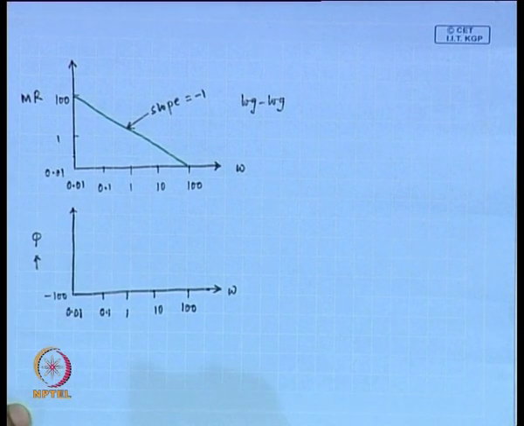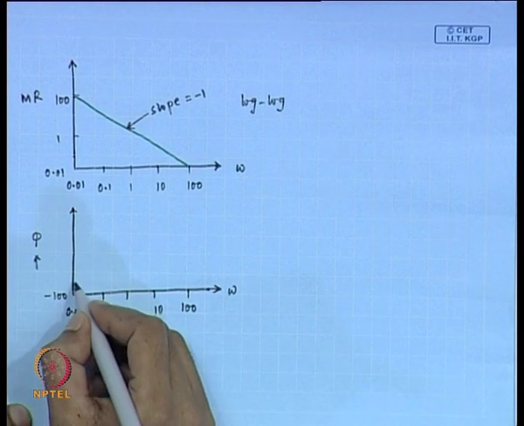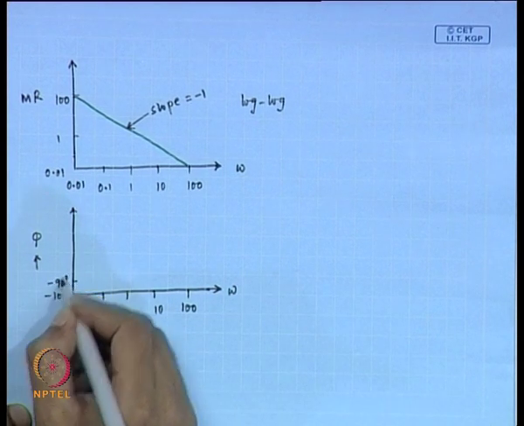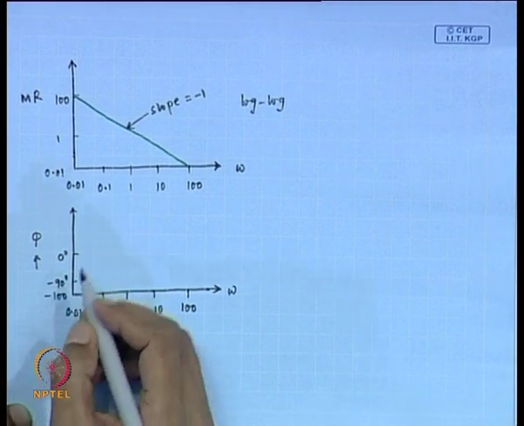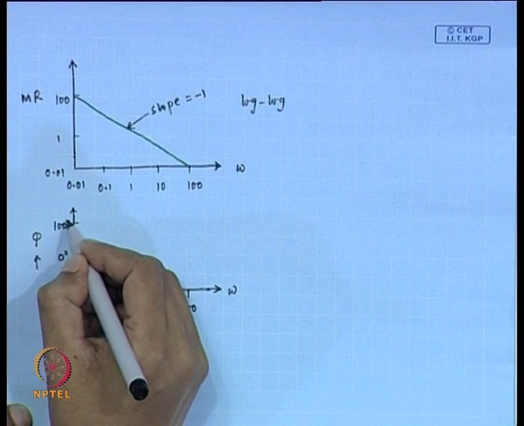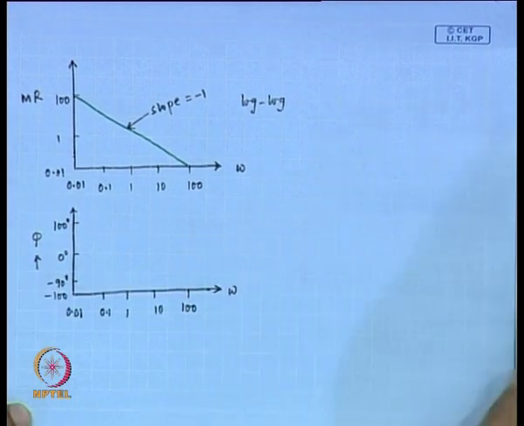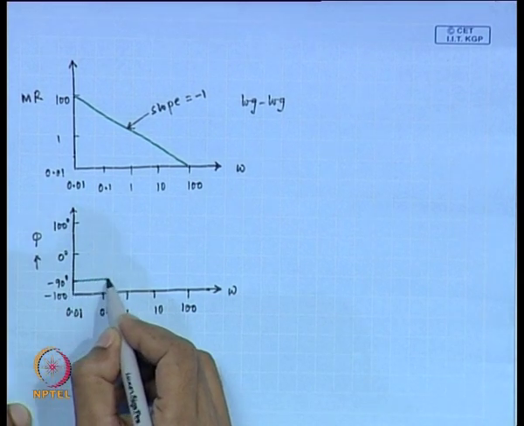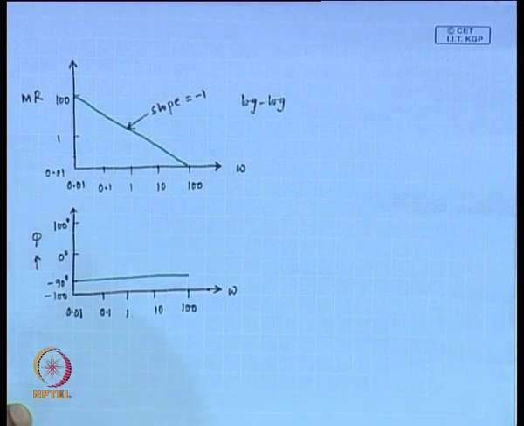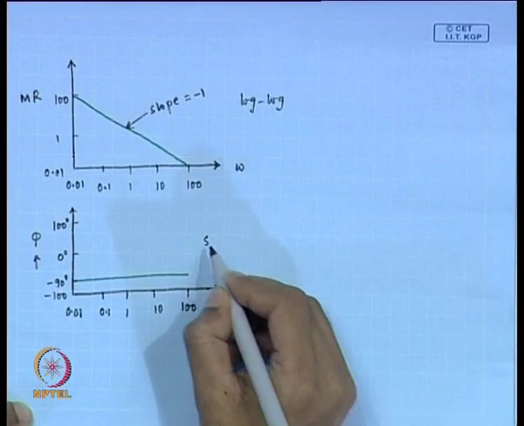Starting value is minus 100 degree, another value we are taking, that is minus 90, 0 degree, then suppose this is 100 degree. Since phi is independent of omega and that is always minus 90 degree, so we get this horizontal line for phi, and this plot is produced in semi-log graph paper.